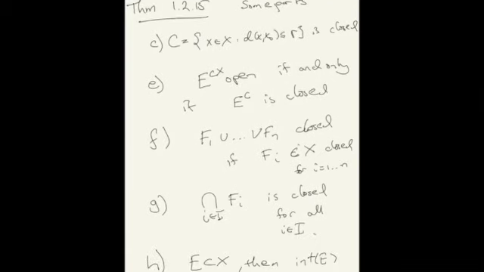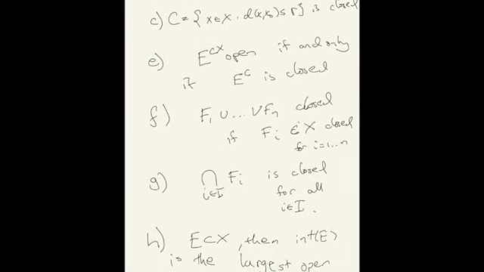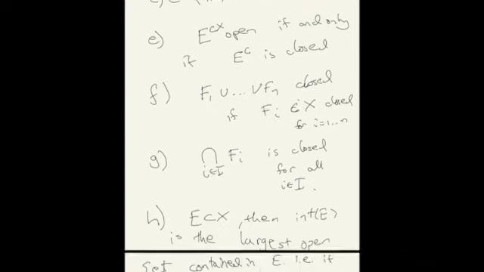Based on this, we have properties of closed sets that are analogous to properties of open sets: if you take a finite union, and crucially, it has to be finite, we get something that's closed. And if you take any intersection of closed sets, then you get something that's closed.